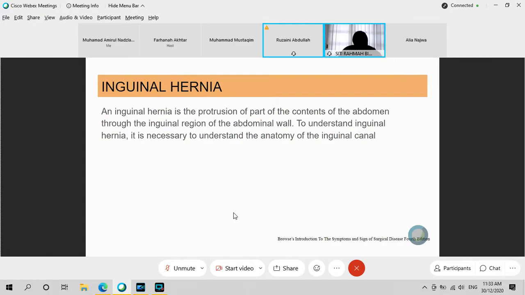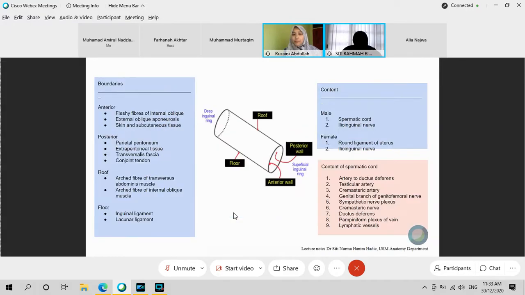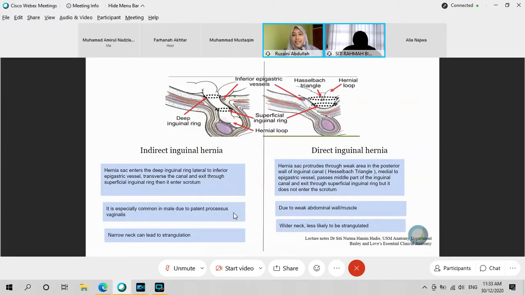We have already encountered the inguinal canal during our preclinical years, so this information is just for revision. Skip. I hope everyone knows the inguinal canal already, so this can be skipped also. This is also the inguinal canal.